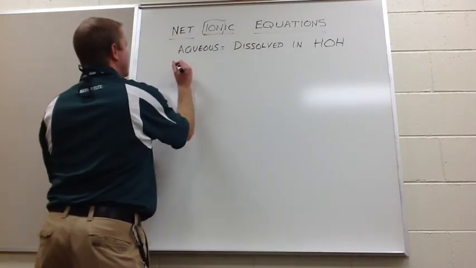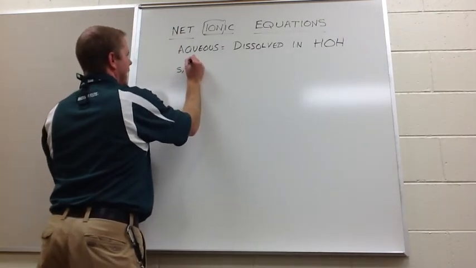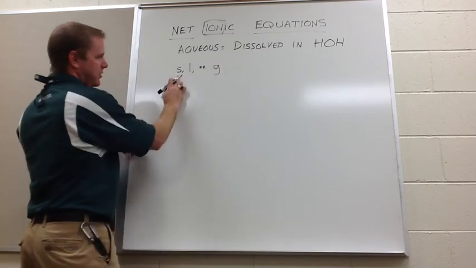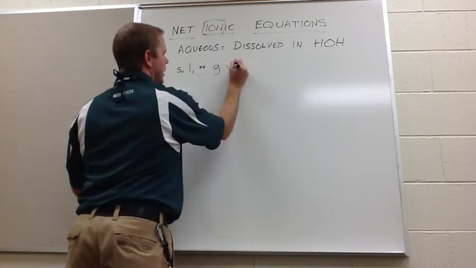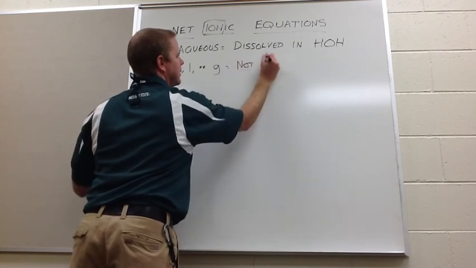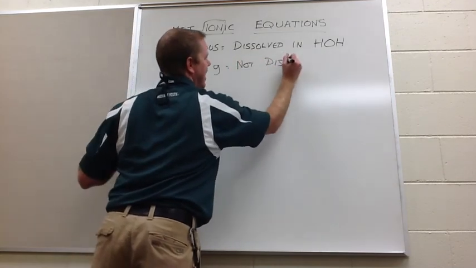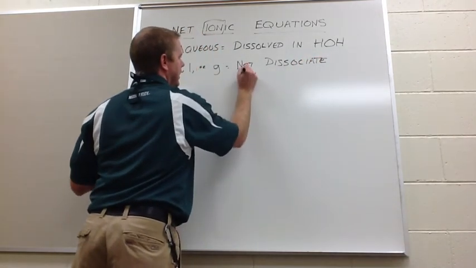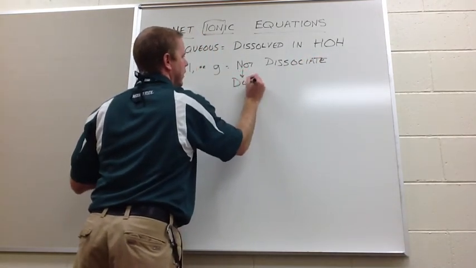So, if something is a solid, a liquid, or a gas, which I'm symbolizing with an S, an L, or a G, it does not dissociate. It's not soluble. For our purposes, that means it doesn't break apart.